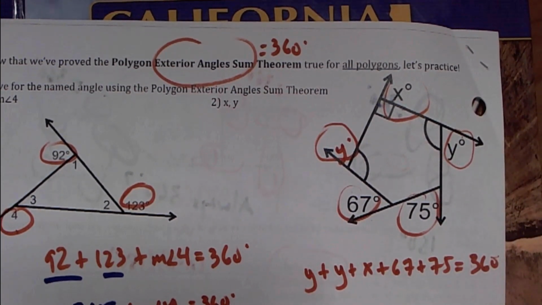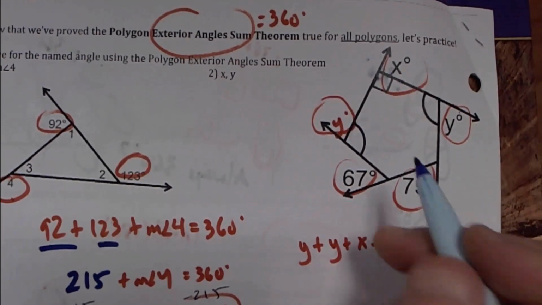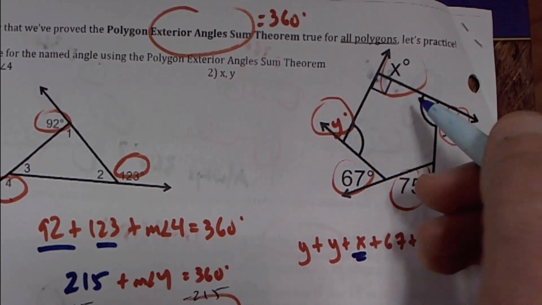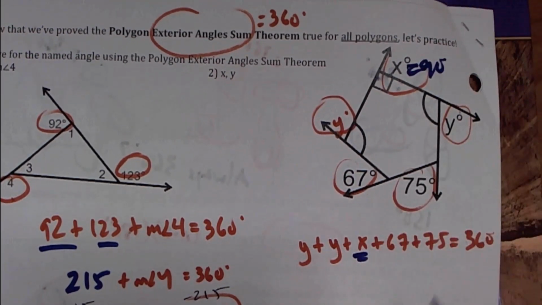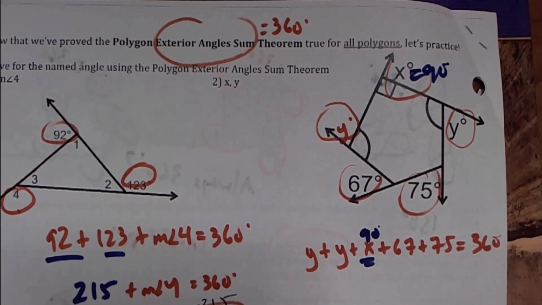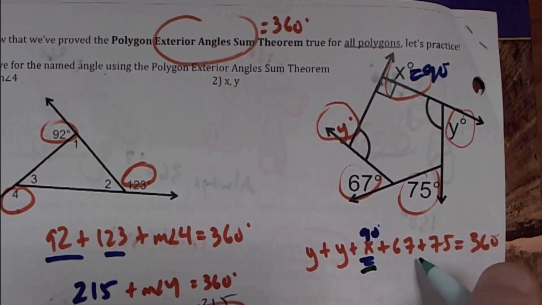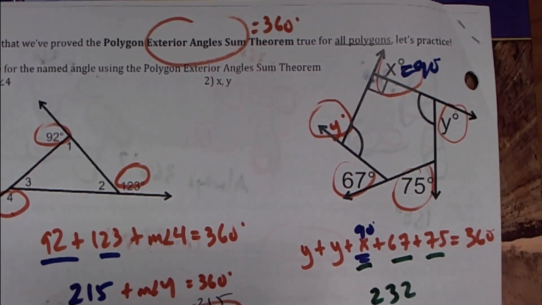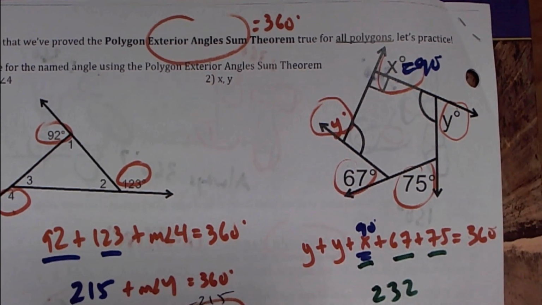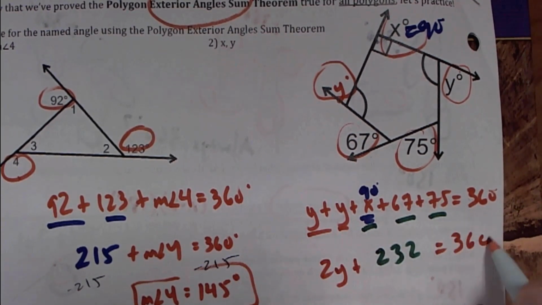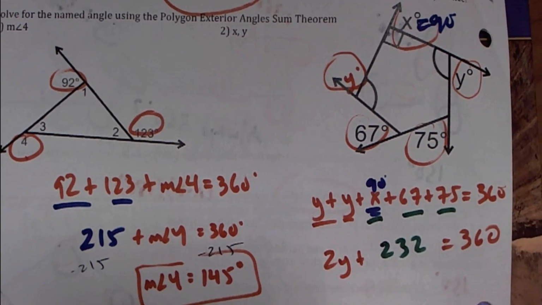The other thing we have to notice is that this is impossible to solve unless we realize that x is supplementary with 90, so x is also just 90. By the substitution property, we can use 90 instead of x. If we sum 90, 67, and 75, we get 232. y plus y, we get 2y. And subtract 232 from both sides.